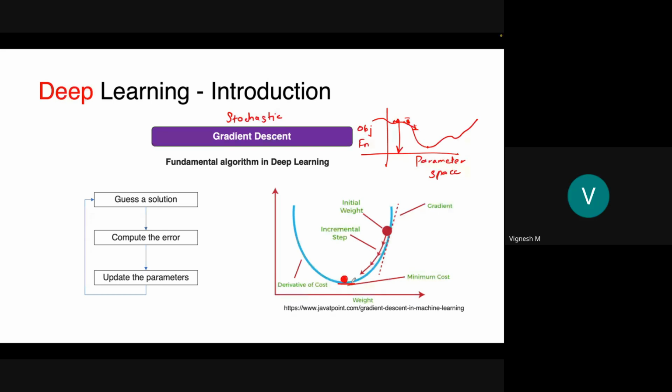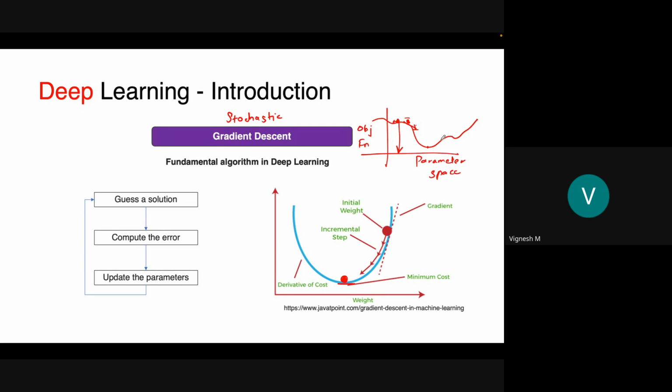Yeah, got that? So was there a question? Like taking the double derivative. Sorry? To find out where the minimum is. So instead of the gradient, we also take the double derivative. So the double derivative just tells you whether it's a minimum or a maximum, right? It does not tell you how to reach there. The gradient tells you the current slope or the current slant that you have, right?